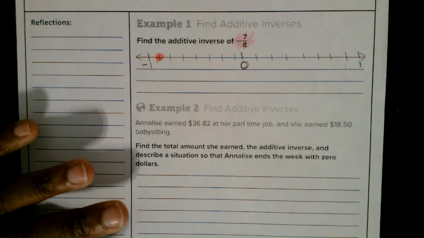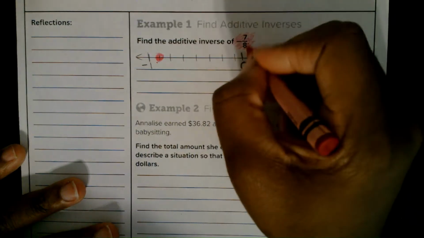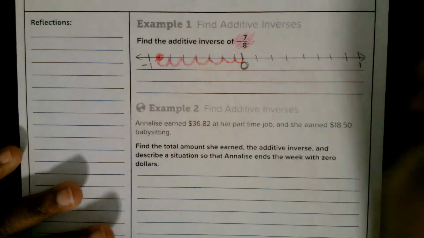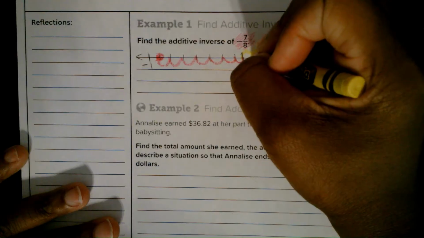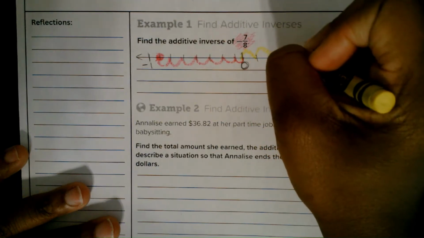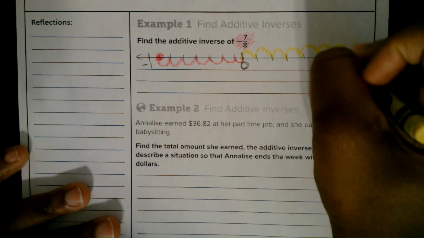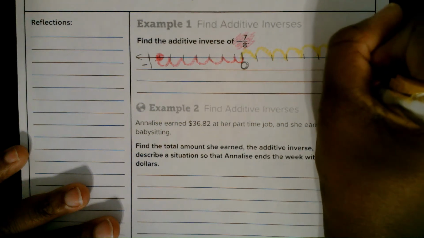Now, in order to find the additive inverse or the opposite, instead of going left from 0, I'm going to go to the right. 1, 2, 3, 4, 5, 6, 7. And that's going to be +7/8. So the additive inverse is going to be +7/8.